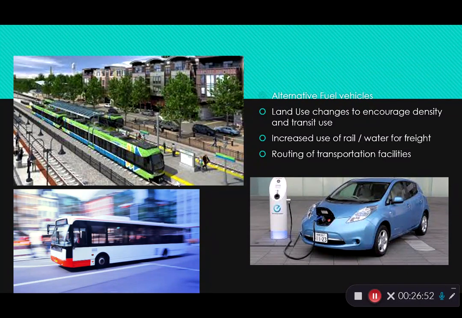We've talked a lot about how neighborhoods are disrupted by our transportation network. So we look for transportation routes that have the least impact possible as we're moving goods and services around. All of those things are going to reduce the overall environmental impact of our transportation system and make it more sustainable for the long term.